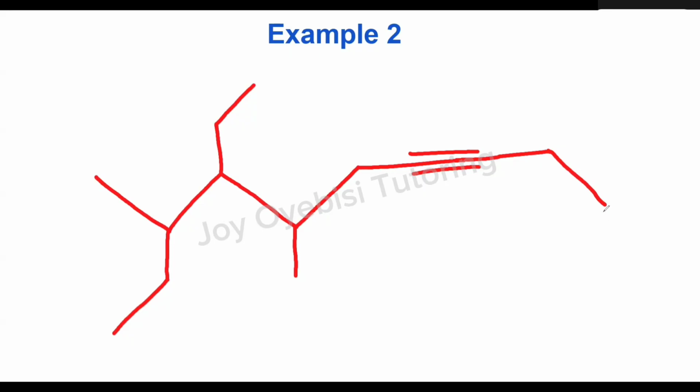So this is going to be 1, 2, this is 3, this is 4, that's 5, 6, 7, 8, 9, 10. If I start from this 7 and go up, that's 8, 9. So that means the 10 is still longer. So that's actually my longest continuous carbon chain.